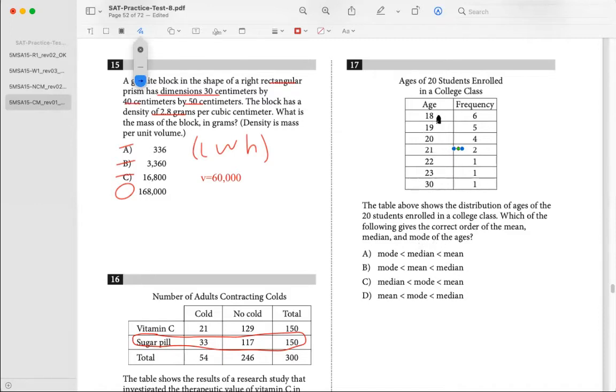Okay, of ages, sorry. So it should be 21. And then mode is the most occurring one. So the one that occurs the most is 18, because there's 6 of them.